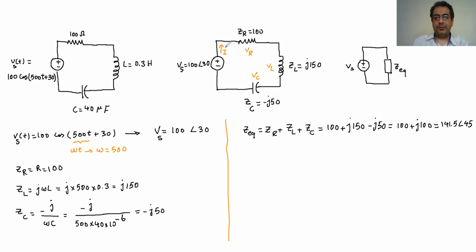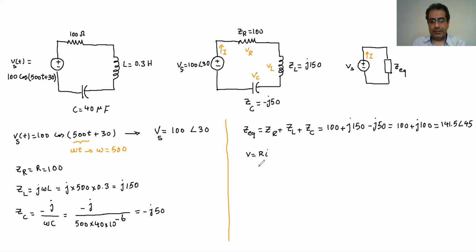Now look here. The I here is going to be the same as the I here, so I can go ahead and calculate the I, the same as we did before. Remember that in DC we had the equation V equals RI.